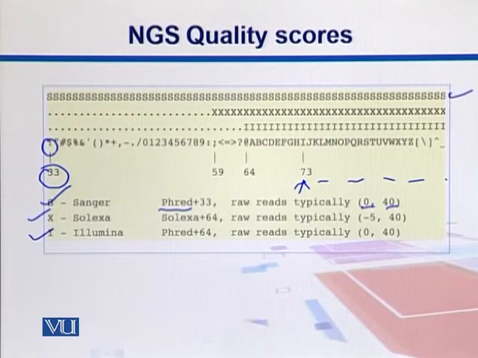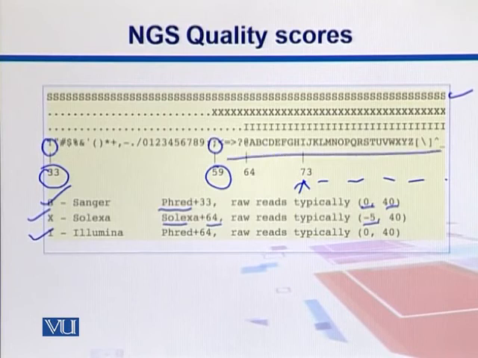X represents Solexa. Solexa uses the Solexa score and adds 64, and the characters they use start from here. Their typical scores range from minus 5, so if you add 64 to it, it's 59. At 59 we have this character, and then they move onwards. What about Illumina?